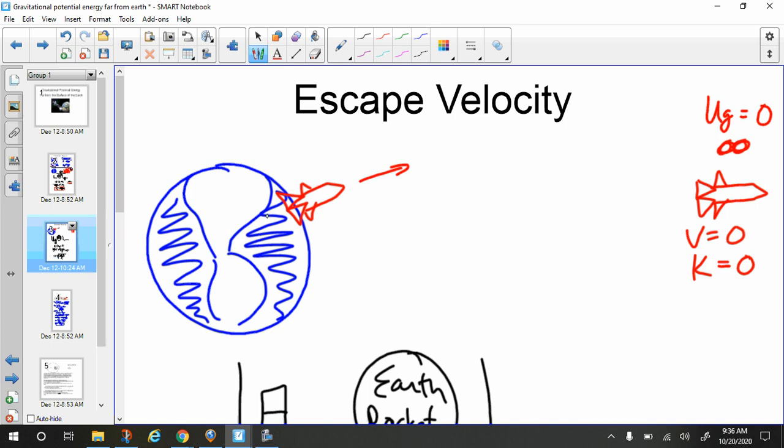So if we wanted to launch a rocket and make it leave the gravitational field of Earth so that it would not orbit the Earth, then we have to give it a minimum velocity. And that velocity is such that it can get the object to this place where the velocity will be 0, so the kinetic energy will be 0, and the gravitational potential energy will be 0.